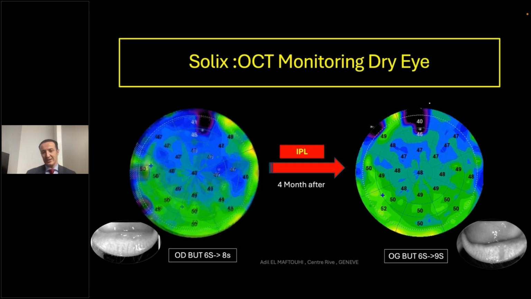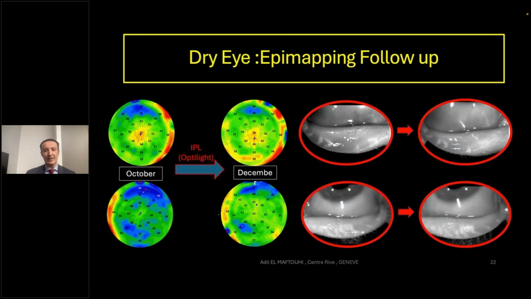And look, another case with IPL with a very severe meibomian gland dysfunction stage 4 with telangiectasia, and this is before and after, and we also see an improvement of the epithelium mapping.